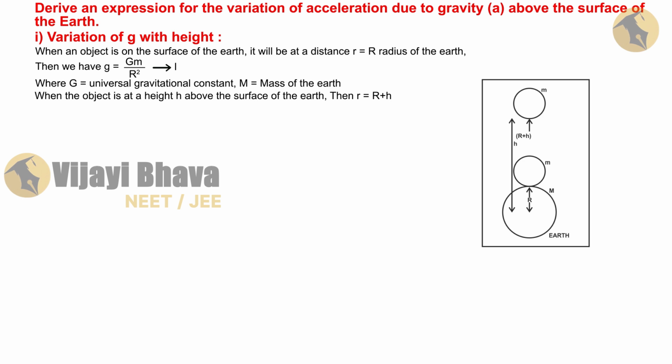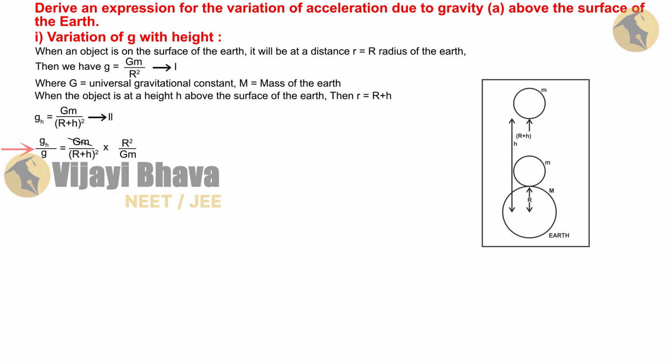Now, the acceleration due to gravity at this height h, which is referred to as gh, can be given by GM by R plus h whole square, taken as equation 2. Dividing 2 by 1, we get gh by g is equal to GM by R plus h whole square into R square by GM.